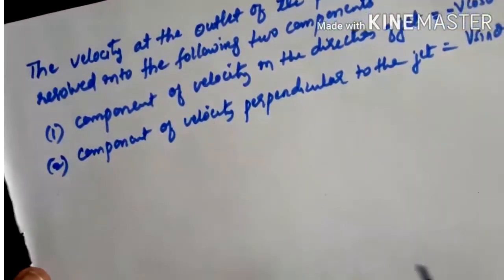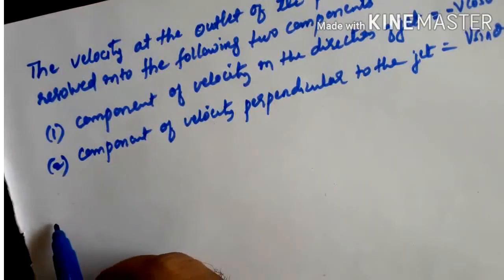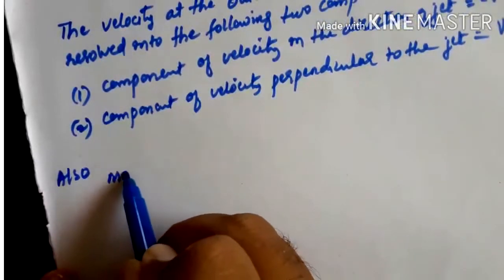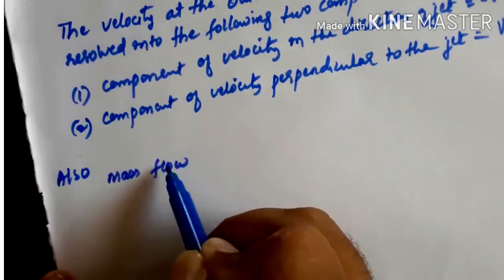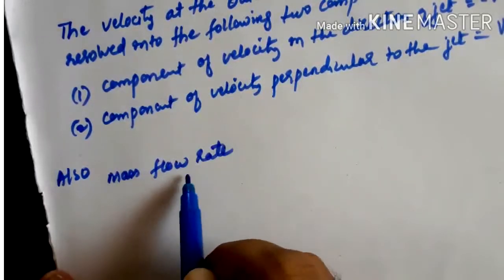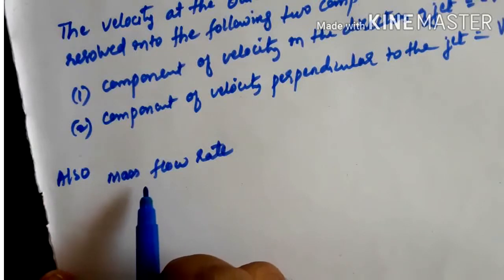Then we also need the mass flow rate of liquid striking the vein. This we already discussed, how mass flow rate can be expressed, and I explained it in the previous lecture.